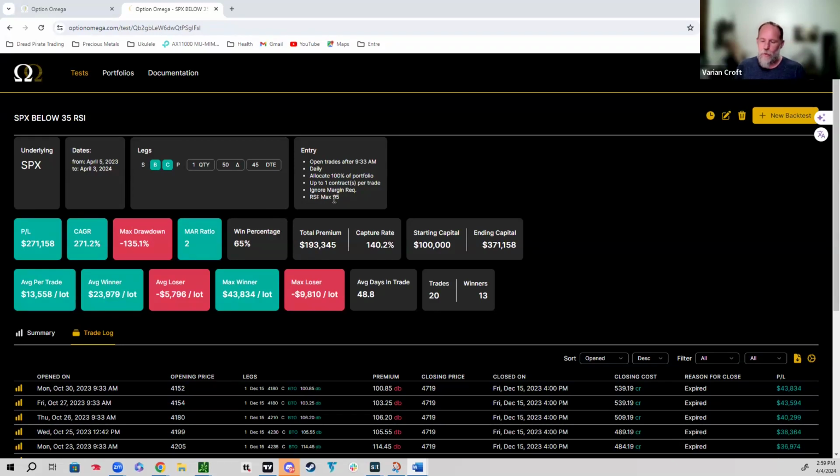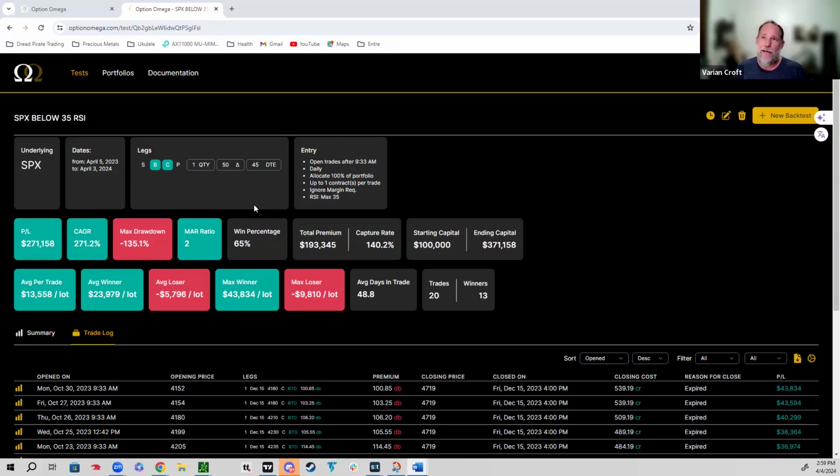And as you and I know, trading the SPX as much as we do, on a daily chart, being below 35 is a pretty rare incident. It's not something that happens very often. On the daily, yeah, no. So it can be a pretty good indicator that some type of turnaround is coming in the overall market.